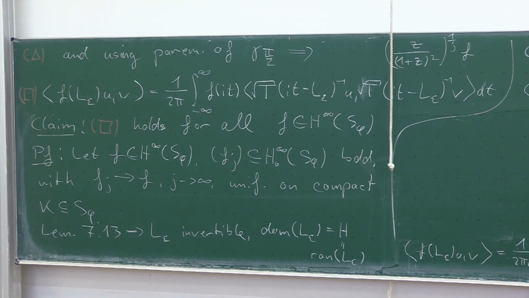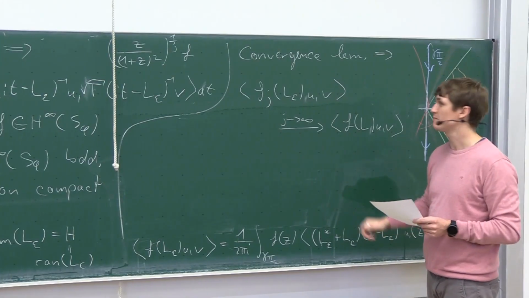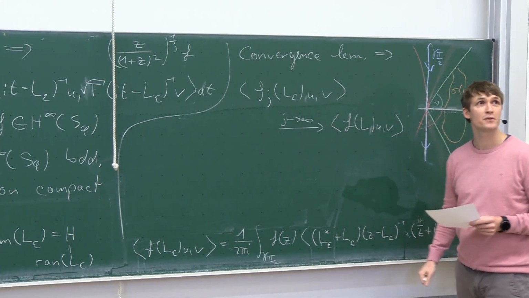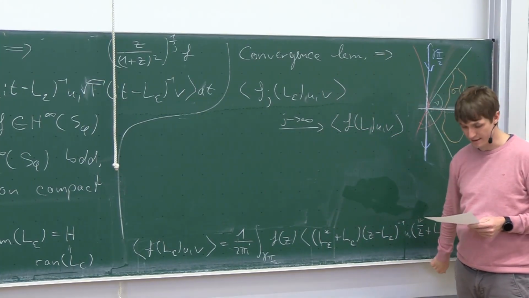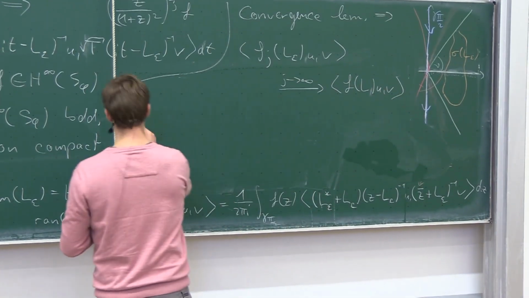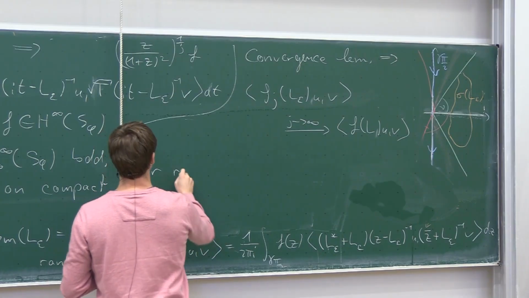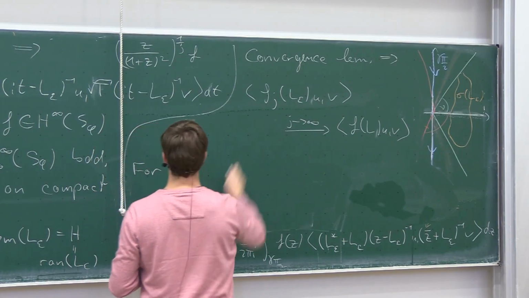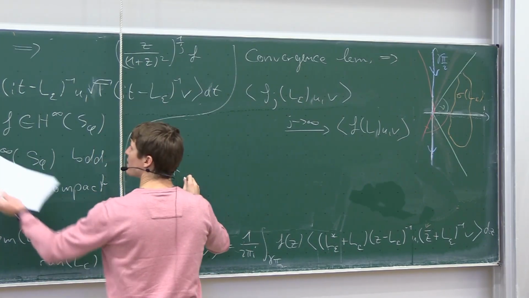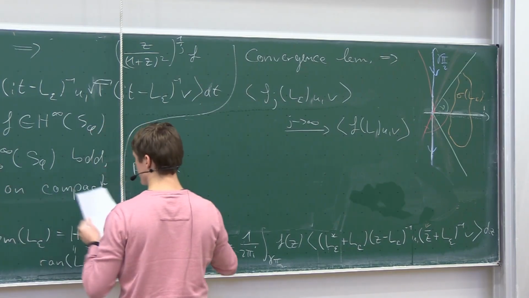All right. Now we apply these f_j's of L epsilon to any Hilbert space element, and we see that these inner products converge as well by the convergence lemma. So this is already the convergence of the left-hand side of this identity, and we only need to verify that the right-hand side converges as well.